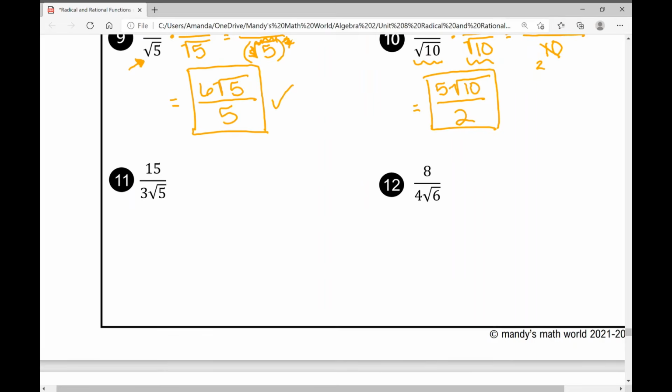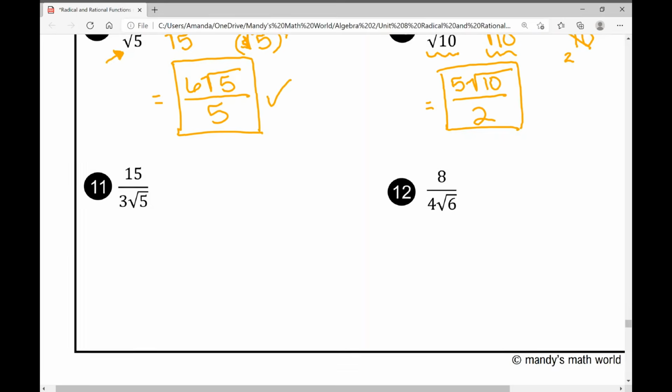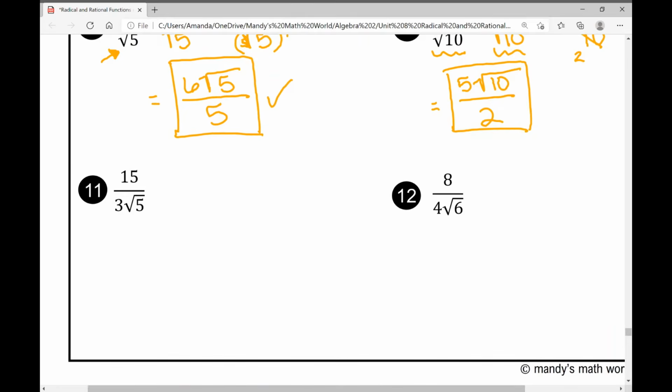So 11 and 12 are examples where we have a number in front of the radical. So really, 15 divided by 3 root 5, all I really want to remove is the square root of 5. So that is what I multiply the numerator and the denominator by to get rid of that. So I'm going to rewrite it, multiply across, right?